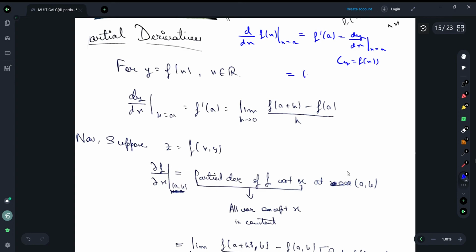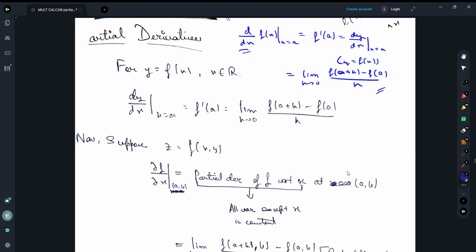This was given as the limit as h tends to 0 of f of a plus h minus f of a over h. This is what we call the derivative of a function which has only one independent variable.